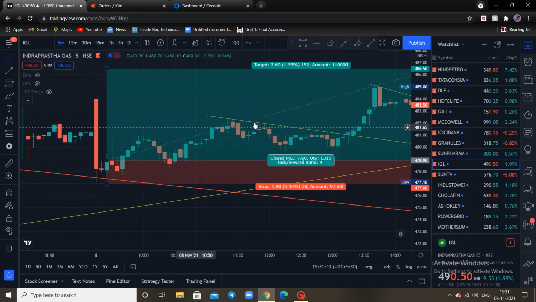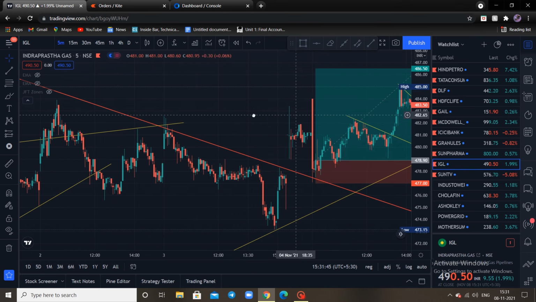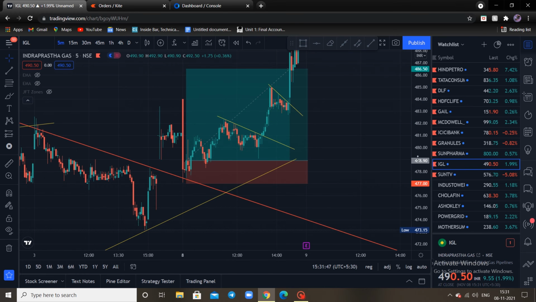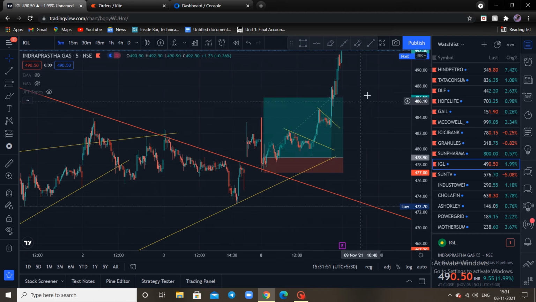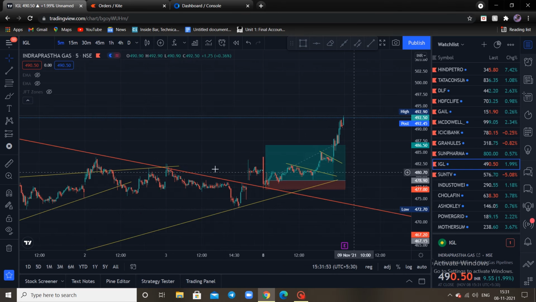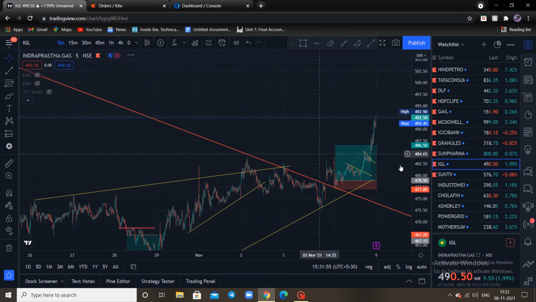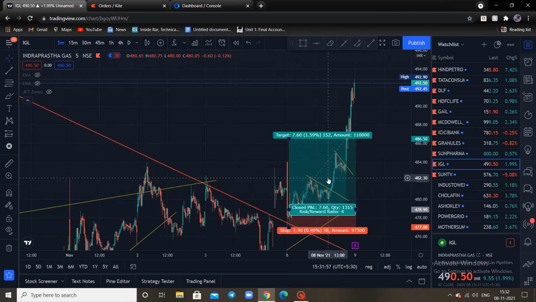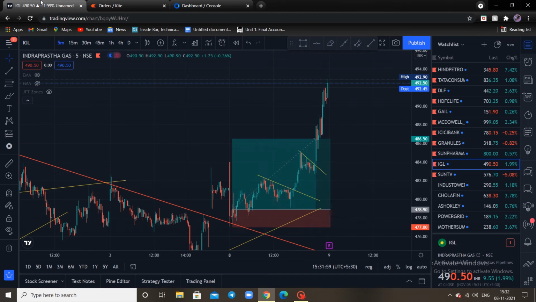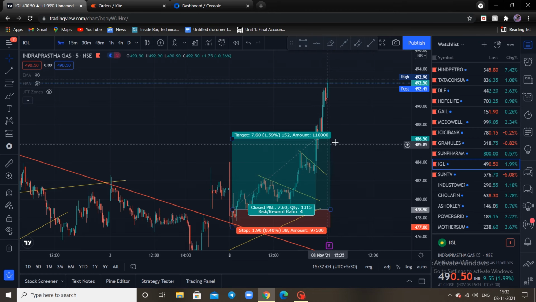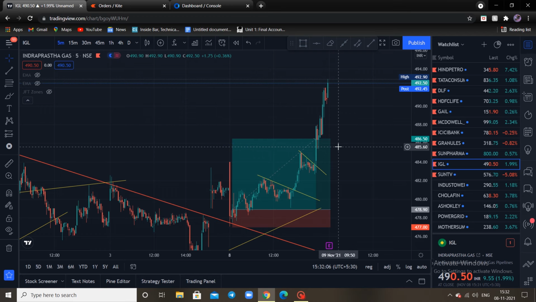and my target is, in this trade I have taken a 1:4 risk reward ratio target, and I can see IGL. My target is at 486.5.